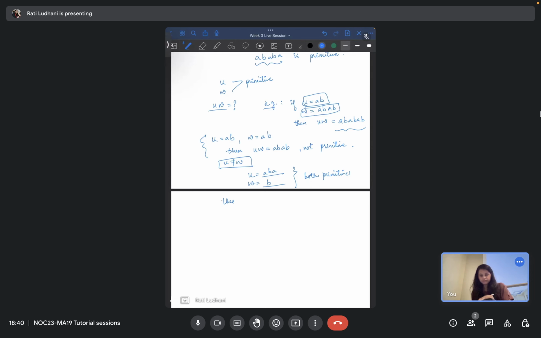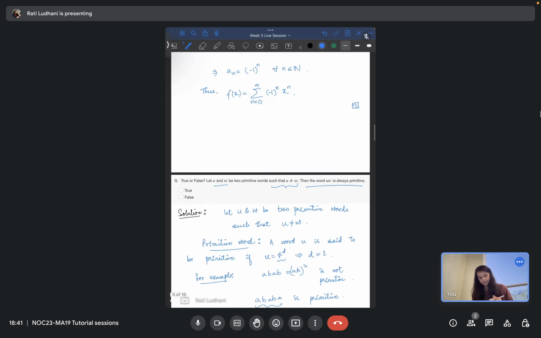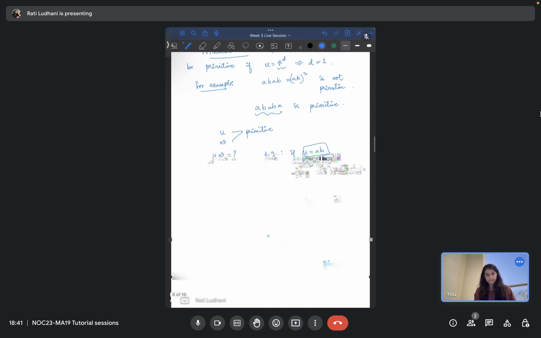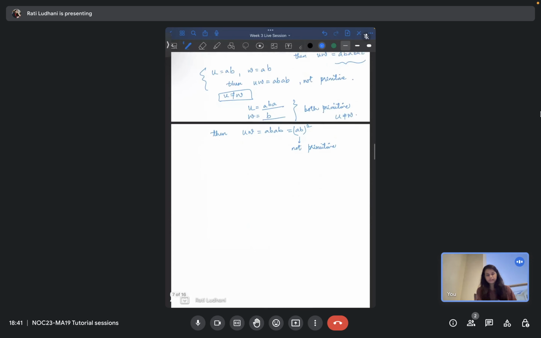Then UW will be ABAAB, which is not primitive, and certainly U is not equal to W. So we have a counter example, and this statement is a false statement. Okay, I hope this is clear.